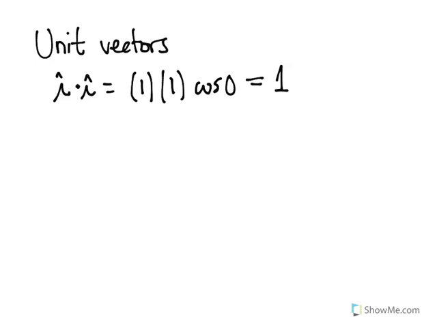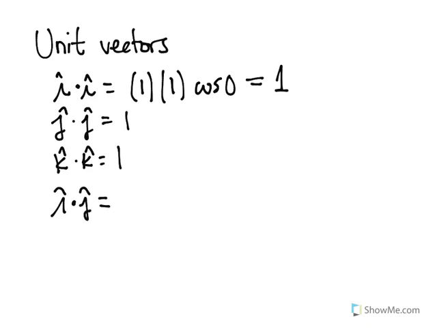The same situation happens with, for instance, J dot J, and of course K dot K, since both of them are parallel vectors. If I, for instance, do I dot J, then I have to understand that this is the magnitude 1 times the magnitude 1 times the cosine of the angle between these two vectors, which, since they are totally perpendicular, is 90 degrees, and the cosine of 90 is 0, which means I dot J is 0.